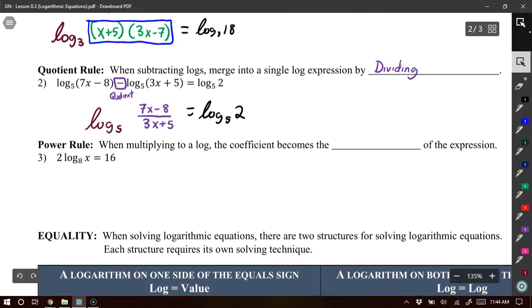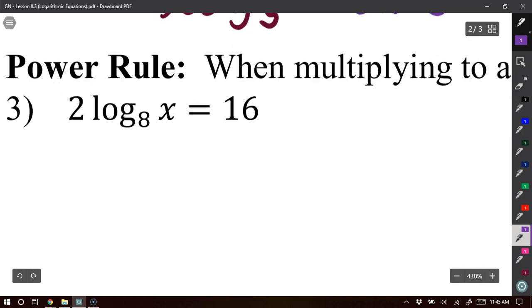So, power rule says when multiplying to a log, which means you have a coefficient, when I have a coefficient of a logarithm, it becomes the power, or you can think of it as the exponent of the expression. What this means is I cannot have a coefficient in front of a log.